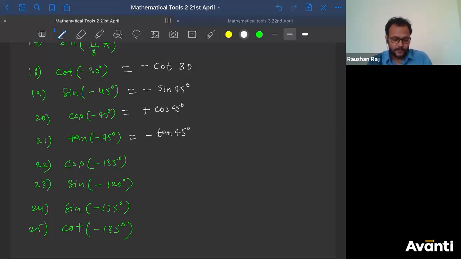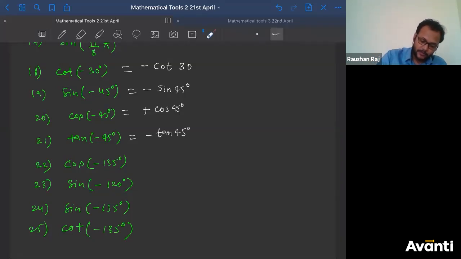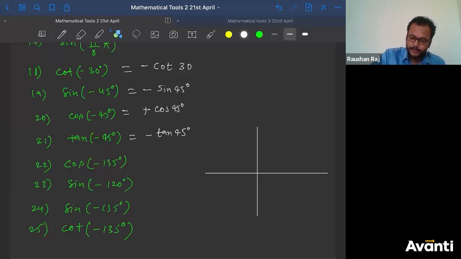Okay. Now let us go to the 22nd, 23rd, 24th, 25th. Now minus 135 degrees will lie in which quadrant? I am talking about minus 135 degrees. This will lie in which quadrant? Let me know the answer, guys.